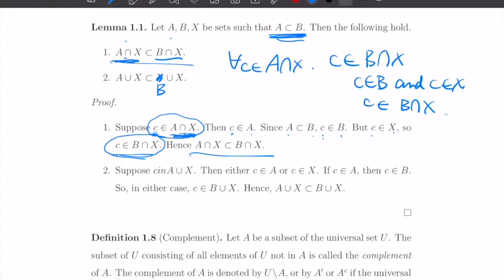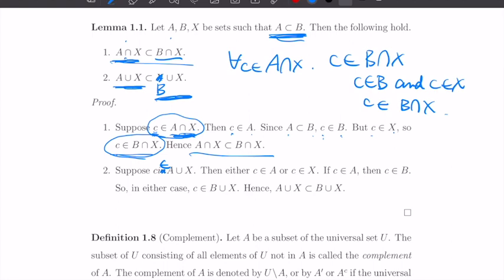Oh, this is a typo. There are too many typos, but that's okay. Similarly, if we want to prove this, we pick any element of this and show that it also belongs to this.